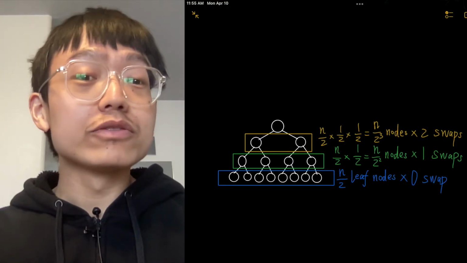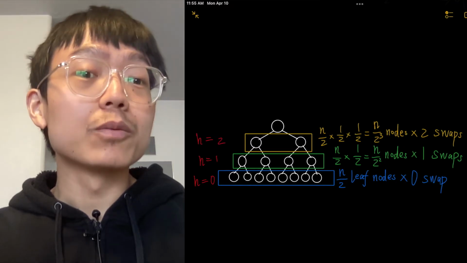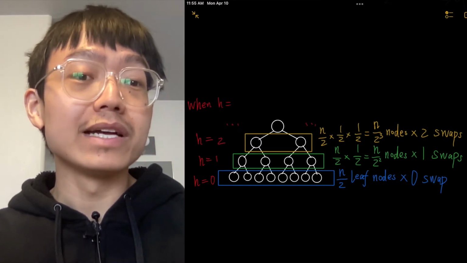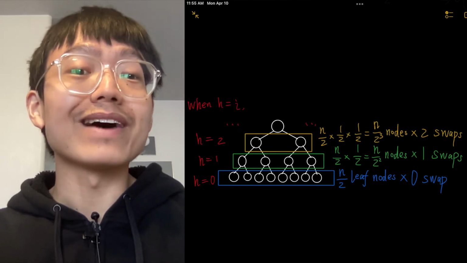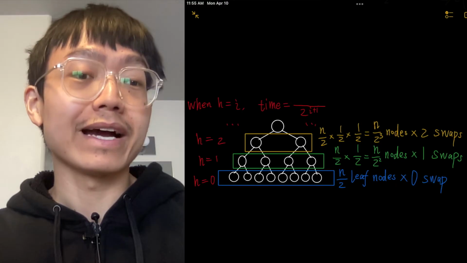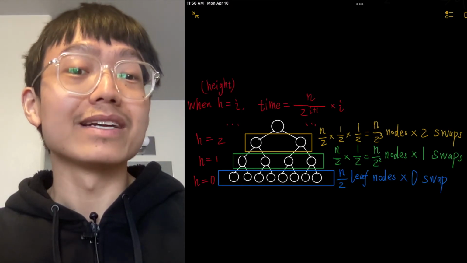So just by using these three expressions, we can work out an equation. When the height is i, the number of nodes in each layer should be n over 2 to the power of i plus 1, and the whole thing is multiplied by i, which is the time complexity correlated to a layer at height i.